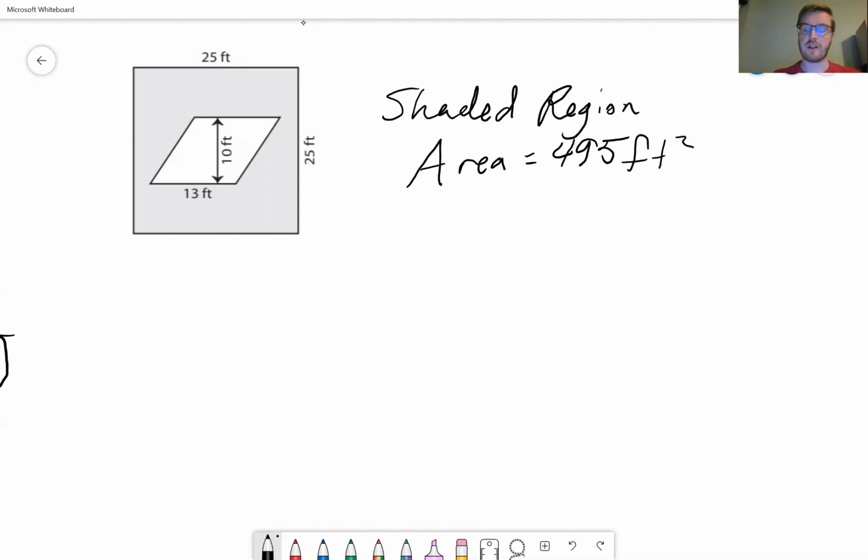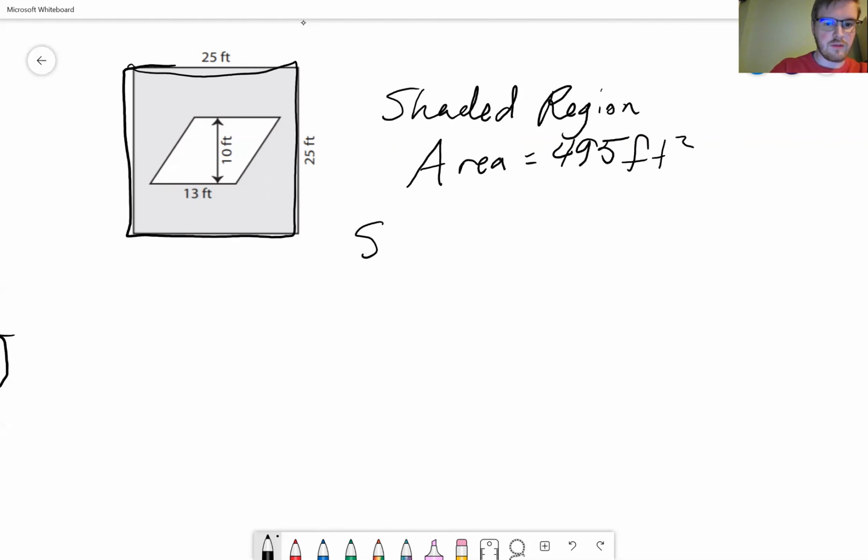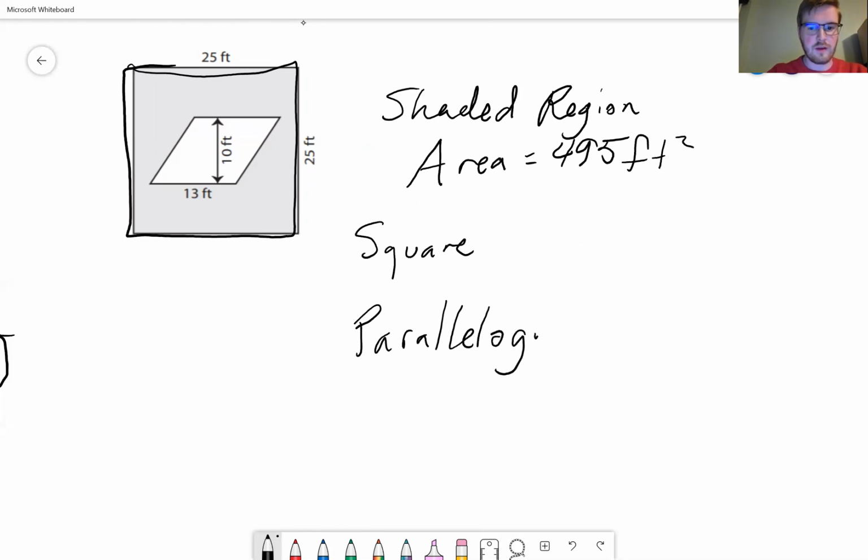Find the area of the larger figure first. So in this case, it's going to be that square. So find the area of the square, and then find the area of that piece that looks like it's been cut out, which is represented by the parallelogram. All right, and I'm going to leave you guys there with that.